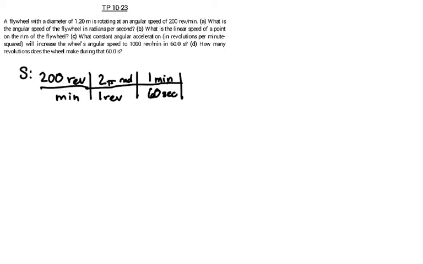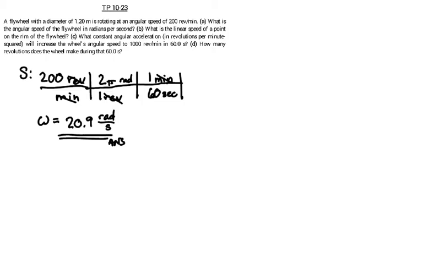All right, so as we look at our values here, our revolutions should cancel, our minutes should cancel, so we're left with radians per second. So the result is omega in terms of radians per second is 20.9 radians per second.